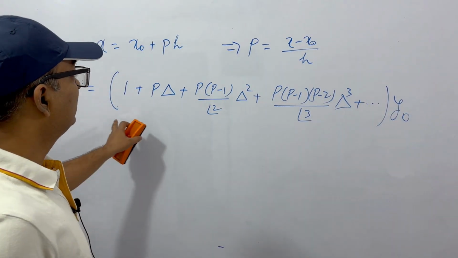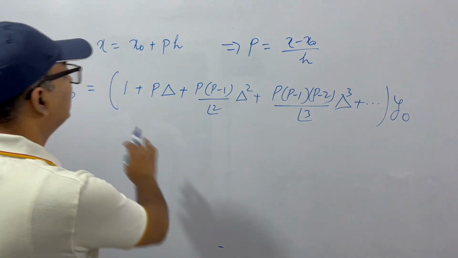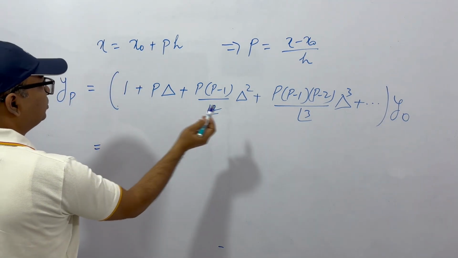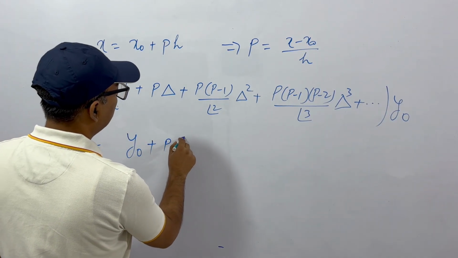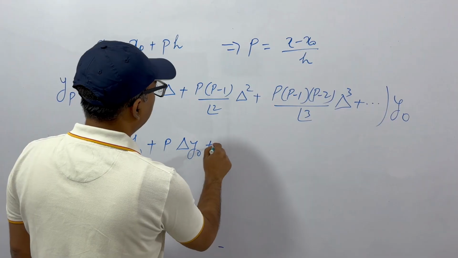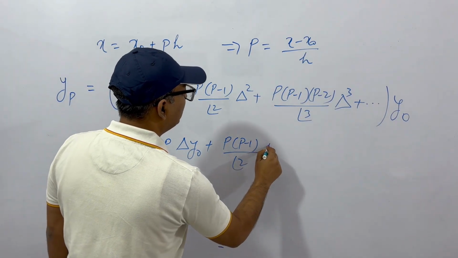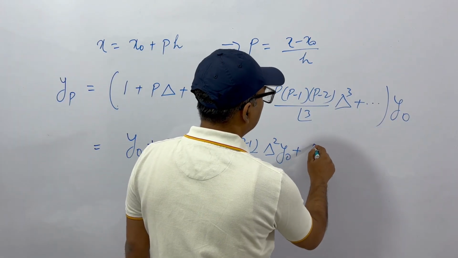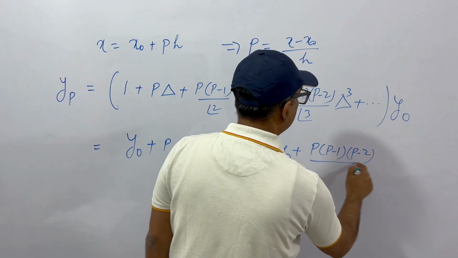This is the expansion of 1 plus delta to the power p by binomial theorem. So this is y0 plus p delta y0 plus p into (p minus 1) by factorial 2 delta square y0. Third term, p into (p minus 1) into (p minus 2). I am writing up to the third term.